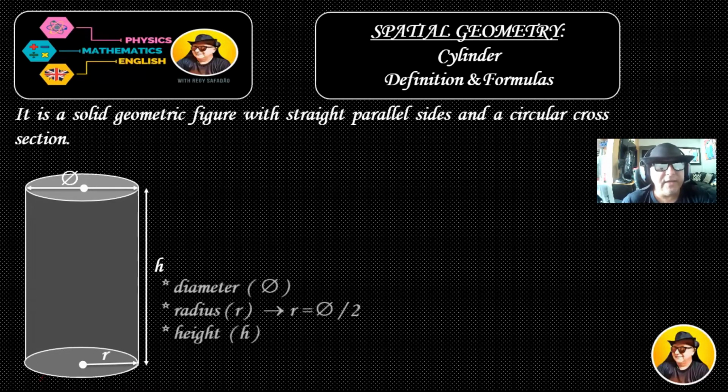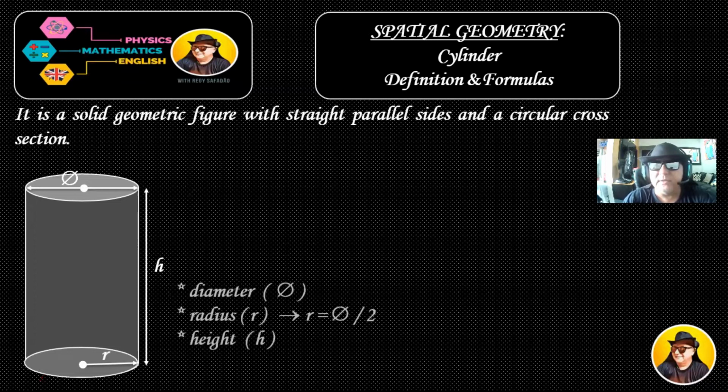Radius is R, and the radius is half of the diameter. It means that the diameter is twice the radius. So here you can see this is the radius, and the radius is half of the diameter. And H is the height of the cylinder.